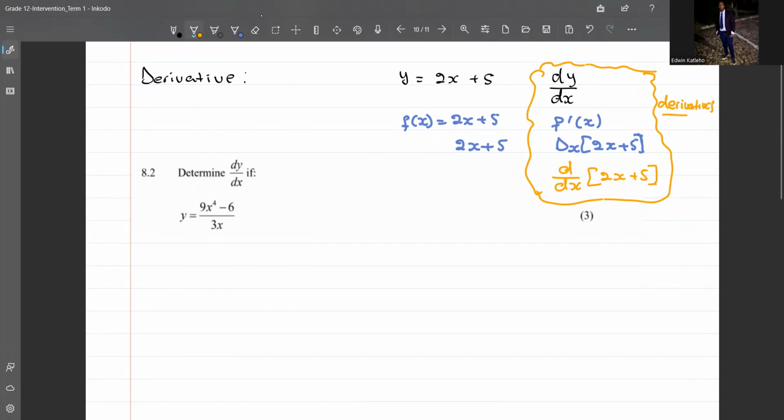All right. Now, I want us to look at this example here.